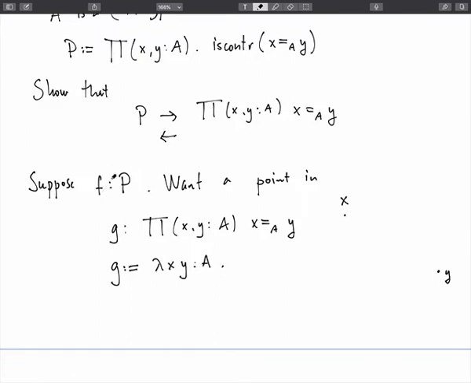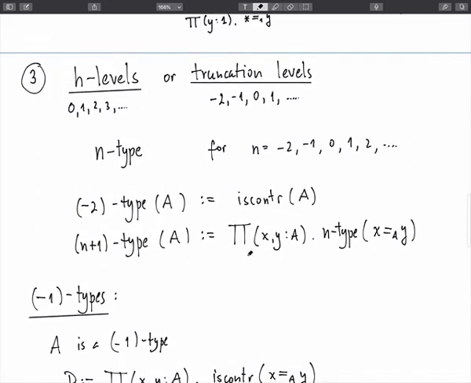What does this F do? Well, F is an element of P, so it takes two points. So how about if I calculate F of xy? F of xy is an element of is-contractible of (x equals y). Okay, is-contractible is a sum.